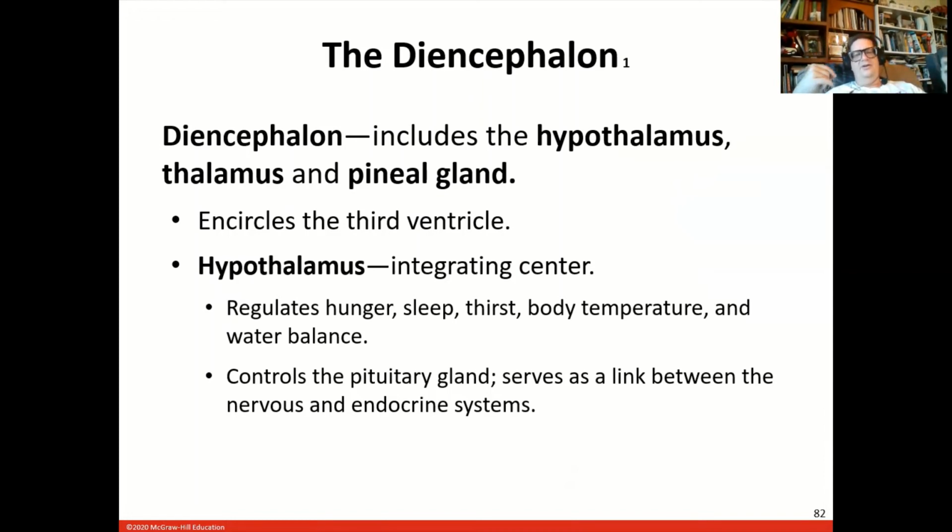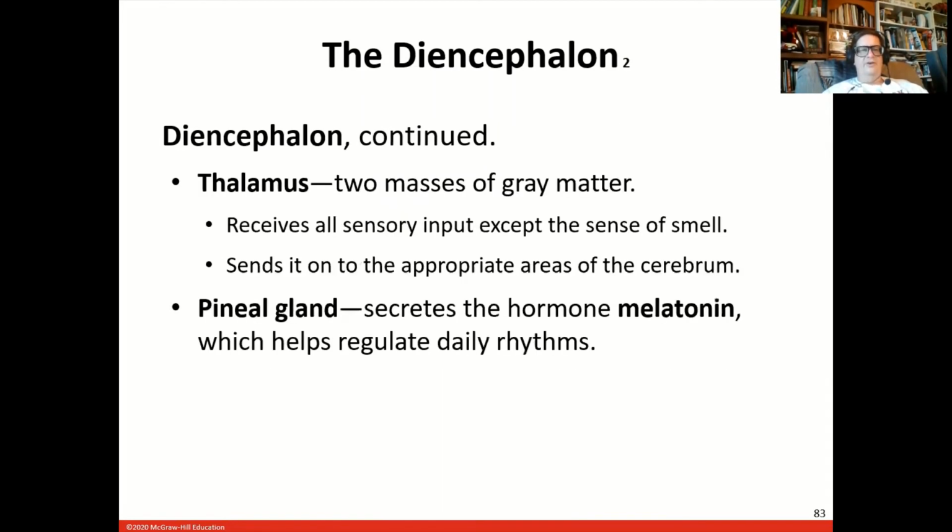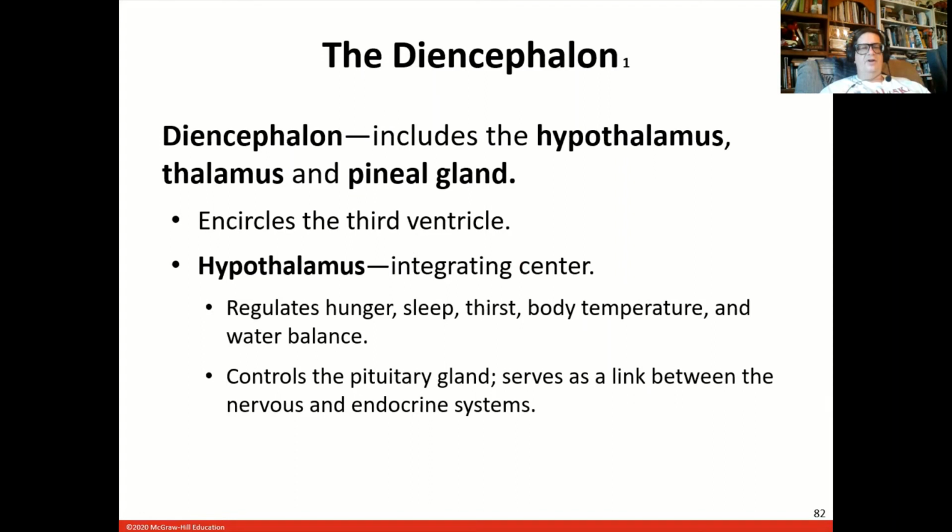It has one half that's pure neuron and the other that's a mixture of neuron and endocrine. But the hormones that it releases control other glands in the body, and we'll get into that, but not right now, not in nervous. All right, so the diencephalon has the hypothalamus, the thalamus, and the pineal gland.